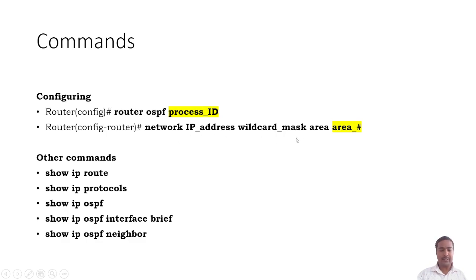What is this wildcard mask? The wildcard mask is the straight opposite of your subnet mask. For example, for class C, the default subnet mask is 255.255.255.0. For the same thing, the wildcard mask is 0.0.0.255, the inverse of the subnet mask.